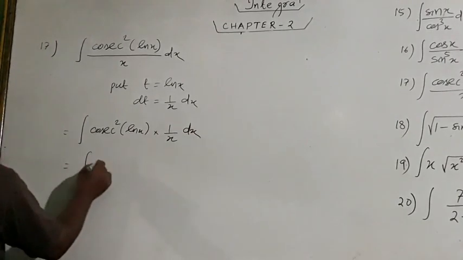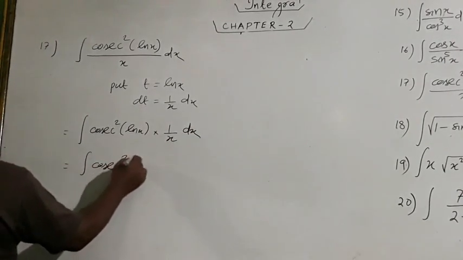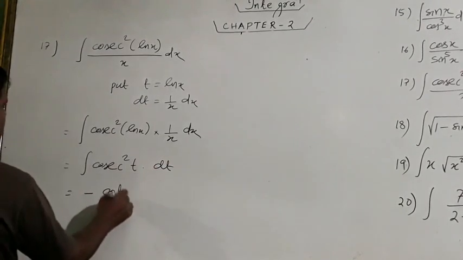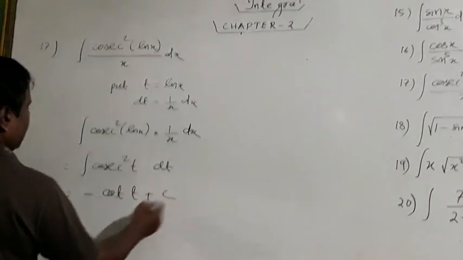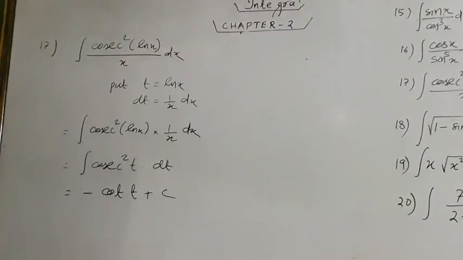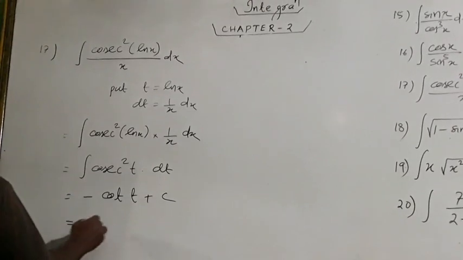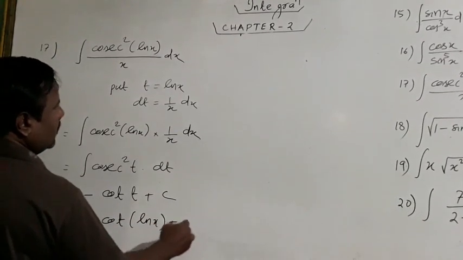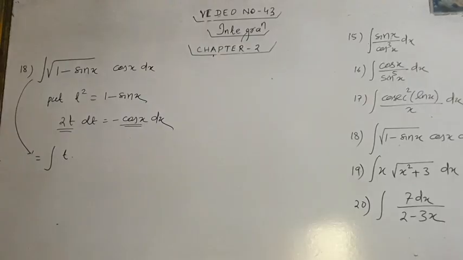It becomes cosec square t into dt. And you know it is minus cot t. You have to remember the formula. Then putting the value of t, you will get the answer. Minus cot ln x plus c. Okay.